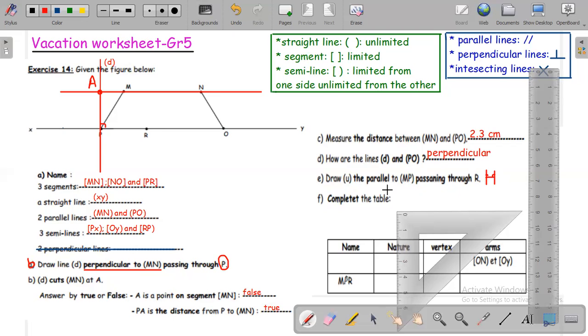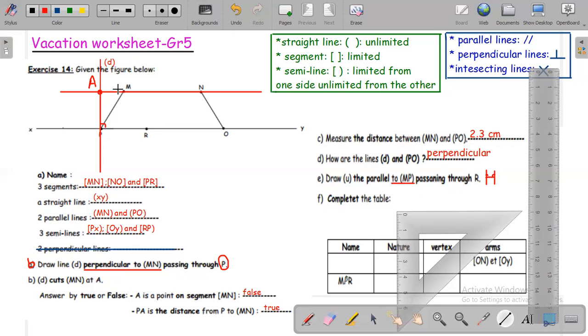So let's see MP. What is MP? Let's see what is the line MP. It is the line MP.